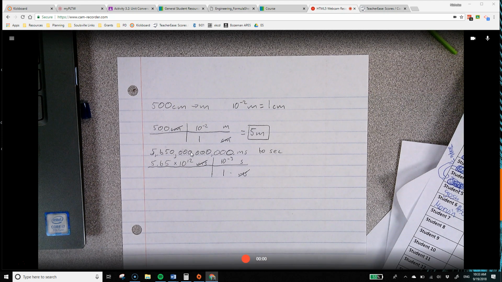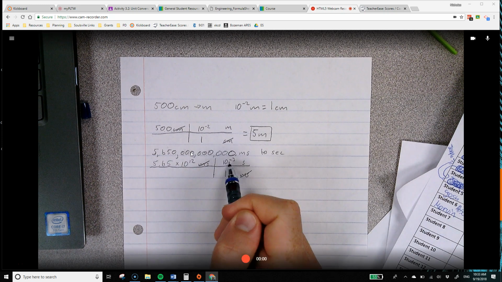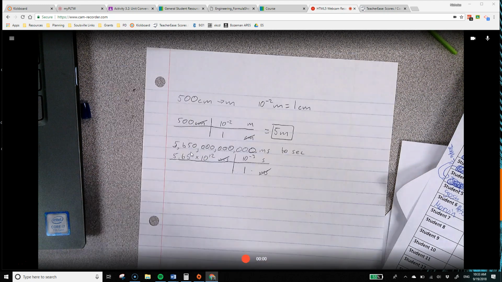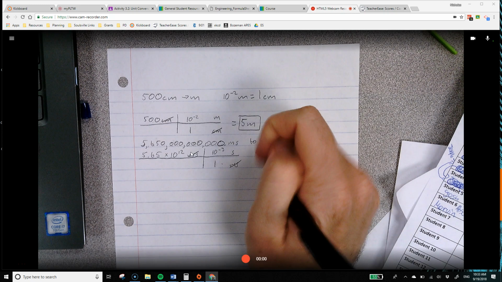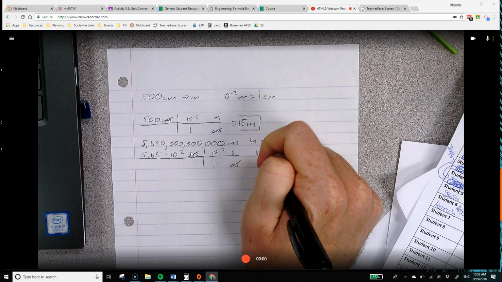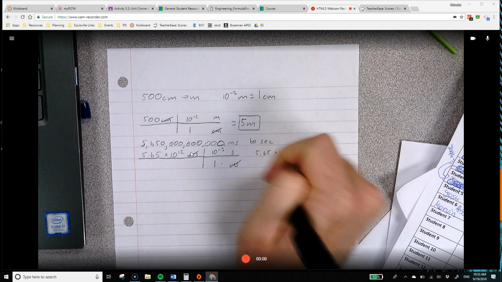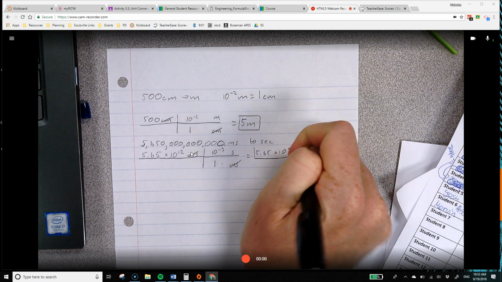Anybody know what I do? We subtract not the circles, but the exponents. So I just say 12 minus 3 is 9. And so now I've got 5.65 times 10 to the 9th seconds. And that would be my answer.